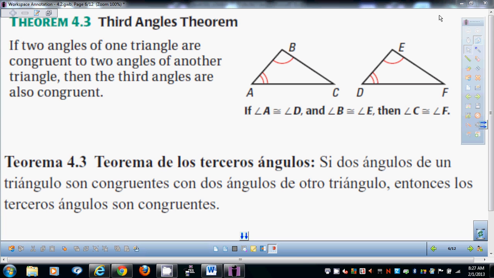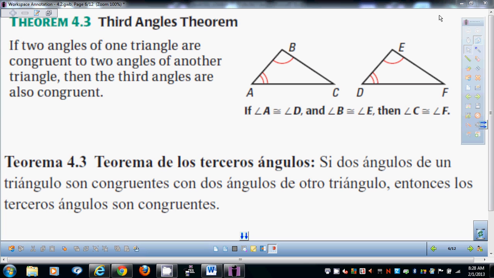Again, I'm sure if you thought about it, you could figure this out naturally anyway. Because all triangles add to 180. If two triangles share two common angles, guess what we know about the third angle? It has to be the same. Because, for instance, let's say this is 30 and this is 100. That means they both add up to 130, which means the last angles have to be what? 50, that's right.